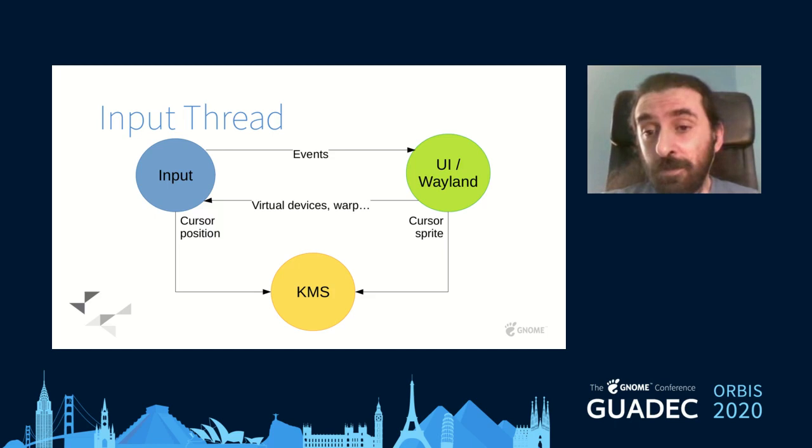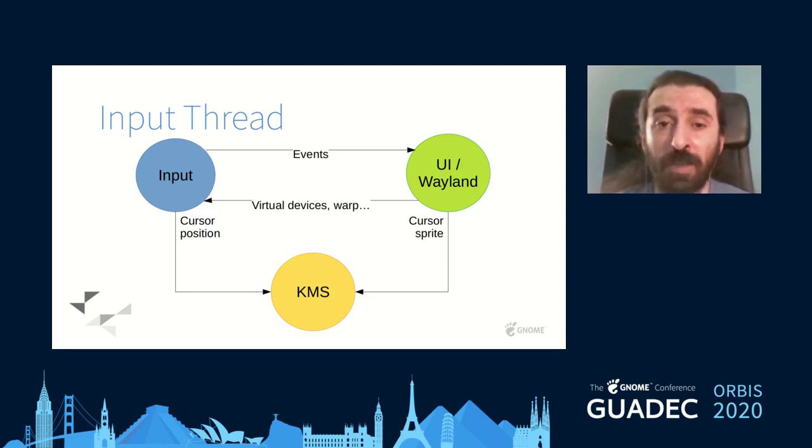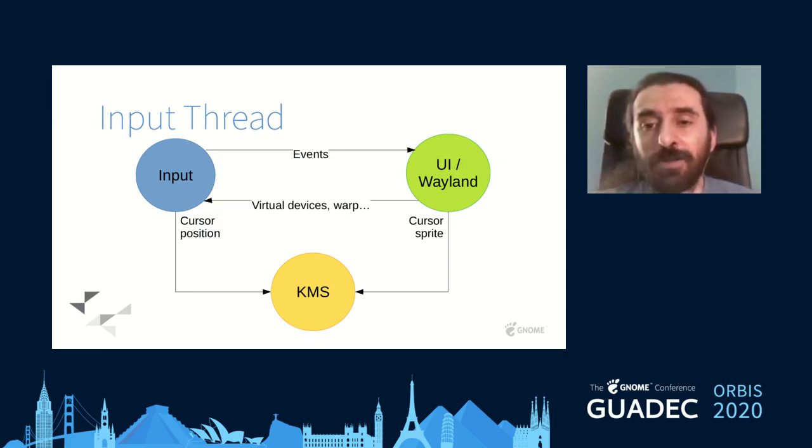Eventually, it would be nice to make the cursor an opaque object that can be pushed to the KMS, holding all the animation details like the clock, the spinner, and whatnot, so it all happens in the KMS without involving the UI thread. At the moment, all updates, for example to the next frame in the cursor animation, could be happening in the UI thread so far. But well, subject to change.